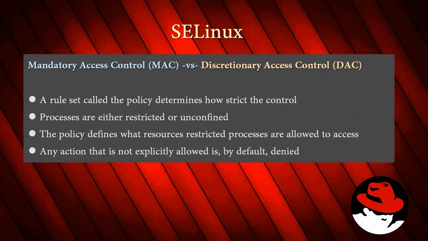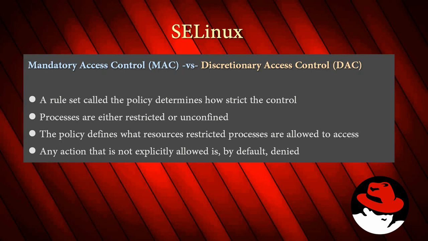The NSA felt the solution was having a system implement mandatory access control, or MAC, policy over the users. In MAC, a set of rules known as the policy identifies what a process is allowed to do. Anything that is not explicitly permitted is by default denied.